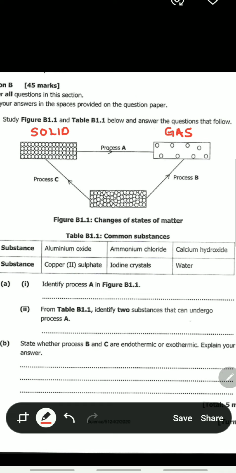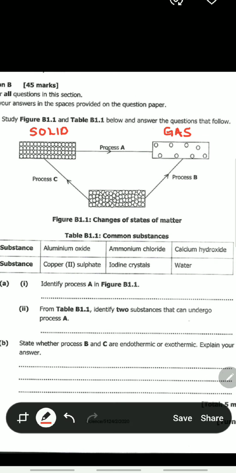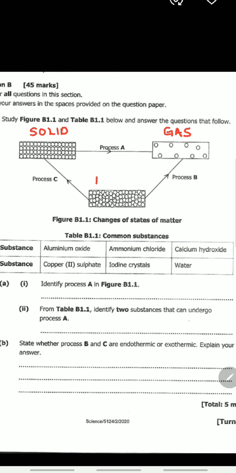But here they are not in any pattern, but they are still closely packed, leaving very small spaces in between them, but not compared to solids. So this state of matter can only be liquid.